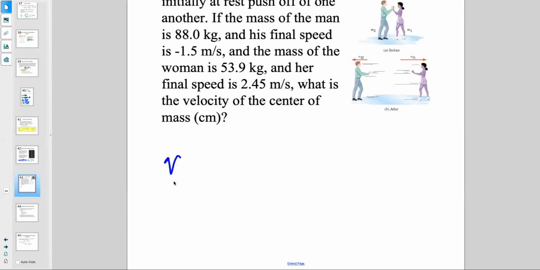It's very easy to calculate. So the velocity of the center of mass, if you remember, was m1 v1 plus m2 v2 over m1 plus m2. Okay?